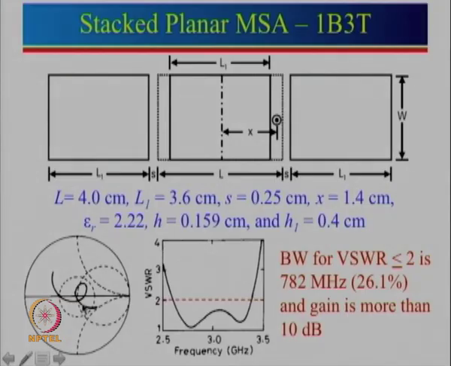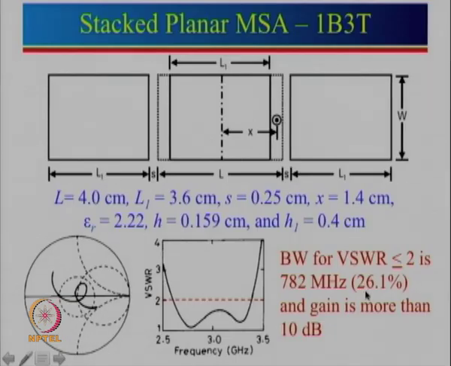For the optimized configuration, you can see that the loop is right within the VSWR equal to 2 circle, and one can see the response here. We have this particular portion which is within the VSWR equal to 2 line, and we get a bandwidth of about 782 megahertz, which is 26.1%.